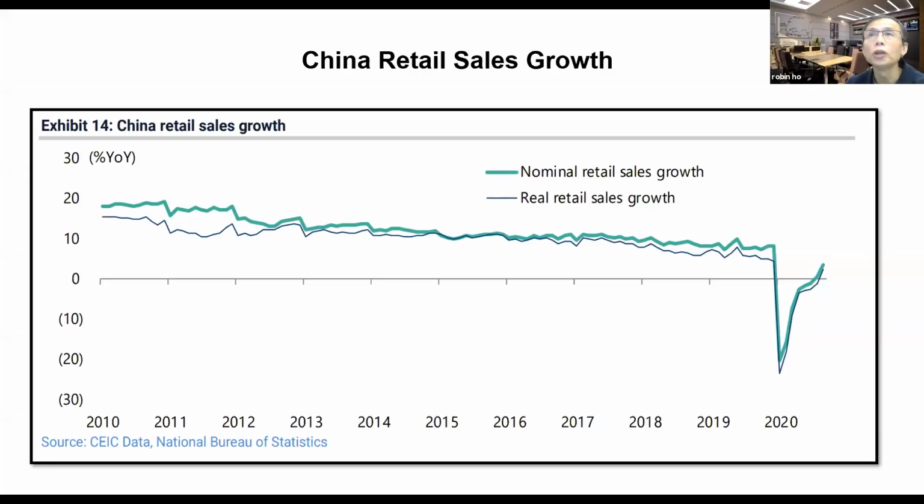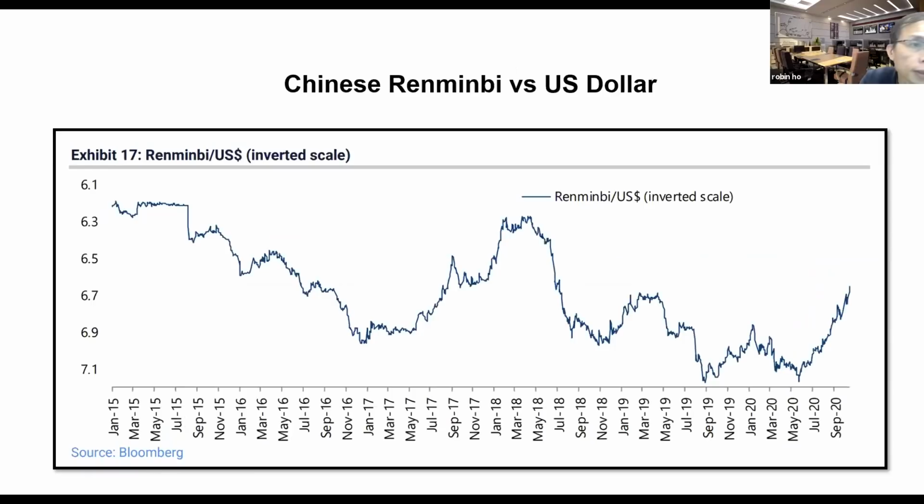And therefore, when the vaccine comes, when the US comes back to shape, Europe comes back to shape, the world will grow at a phenomenal pace. And I expect that to be the first quarter of 2021.